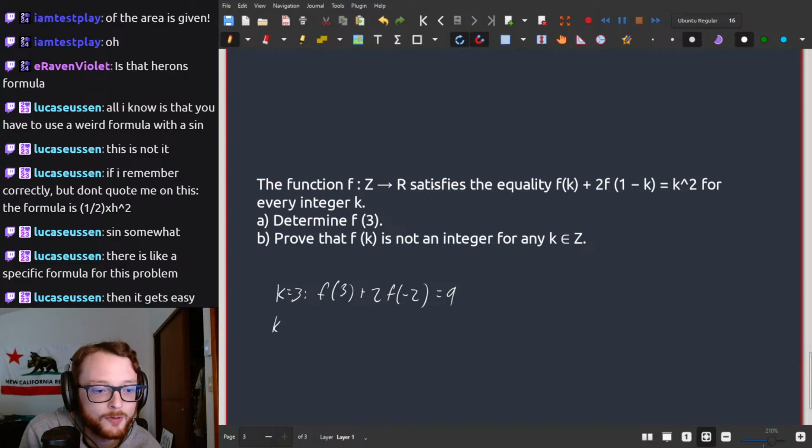What does k equal negative 2 give us? Can I just subtract these 2 equations?